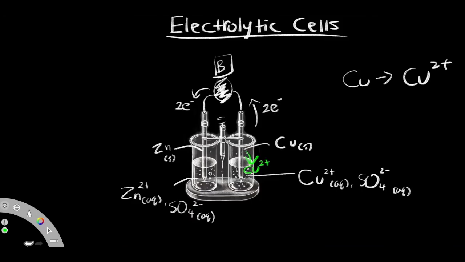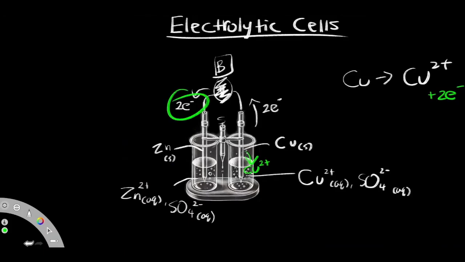But remember, for this Cu2+ to be neutral like the left side, it must be canceled out with 2 minus, or 2 electrons. So 2 minus 2 gives you that net 0, same as the left side. So this Cu has released 2 electrons, as indicated over here, but it's also releasing Cu2+, as indicated over here. Similarly, it's going to happen on this side too.